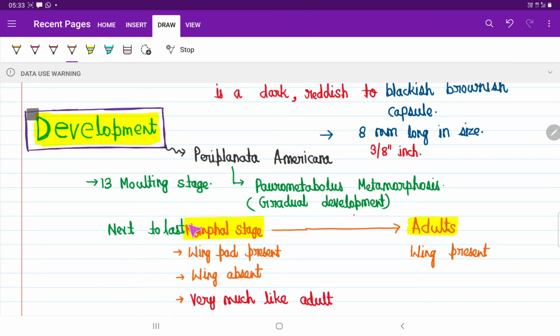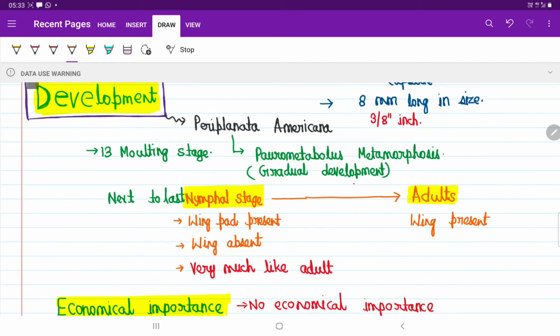The second last nymphal stage has wing pad-like structures. It is transparent, looks too delicate, but looks very much like the adult. They don't have wings, but they have wing pads.